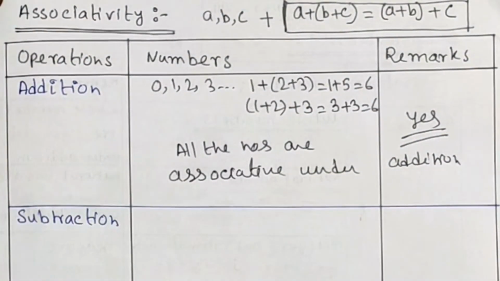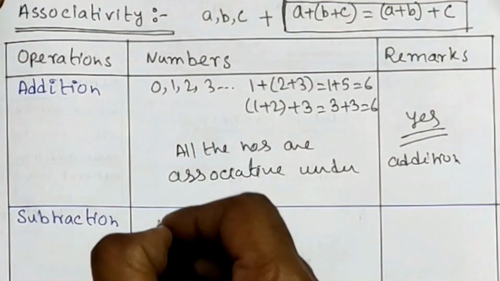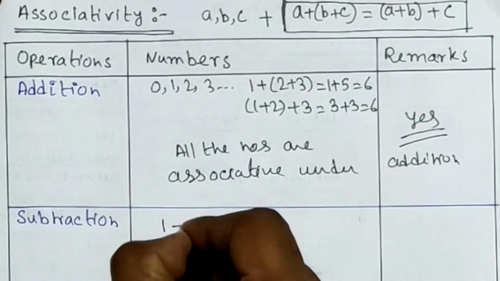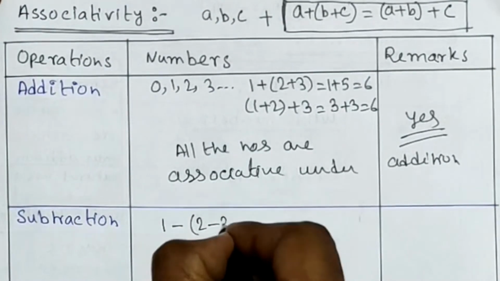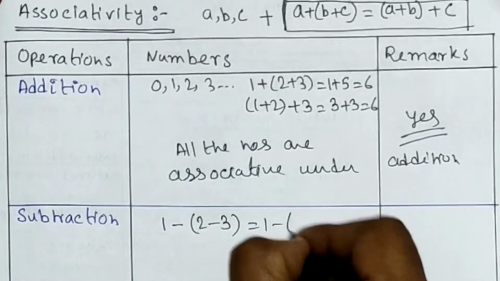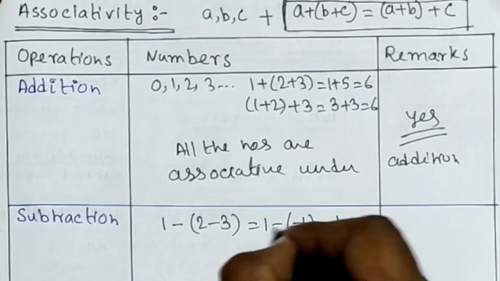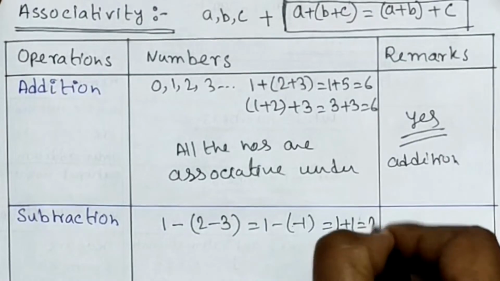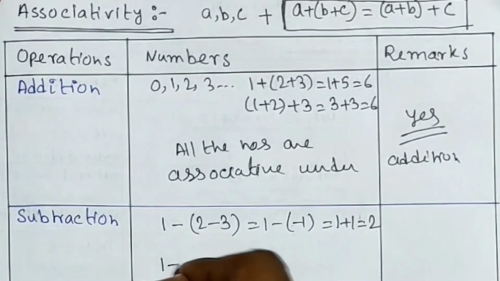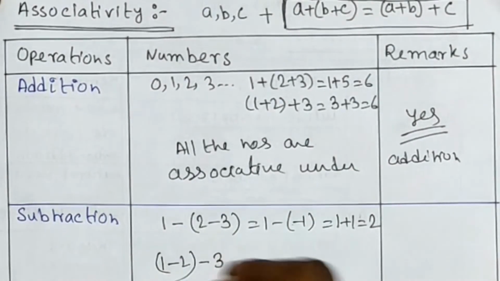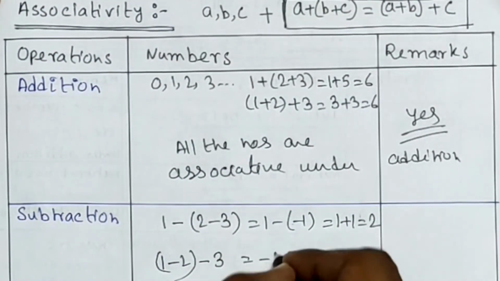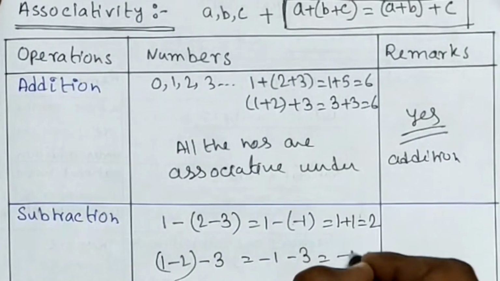Now if we choose subtraction, take 1 minus (2 minus 3), which gives us 1 minus (minus 1), that is 1 plus 1, equals 2. Now taking the reverse, (1 minus 2) minus 3: 1 minus 2 gives us minus 1, minus 3, which equals minus 4.